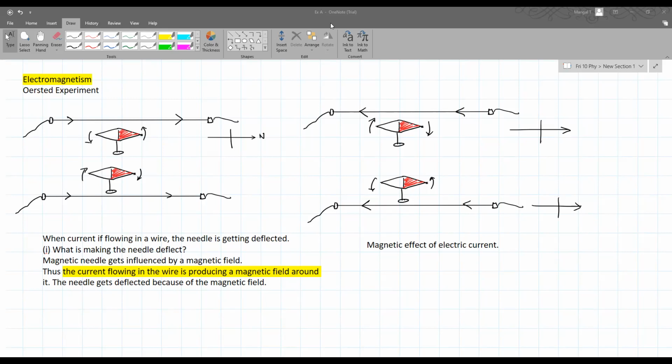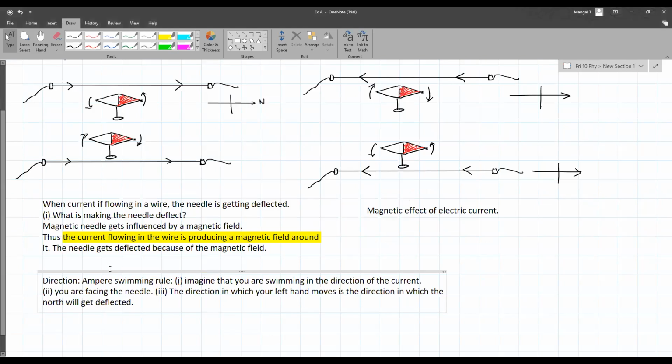I want you to observe the diagram very carefully. And in that diagram, we will notice a few things which I'll write down here. So you can see that this is the Ampere swimming rule.